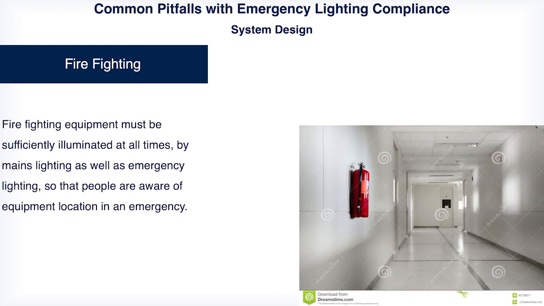If there is firefighting and fire control indicating equipment, that might be the fire alarm control panel or call points within a corridor, then those devices and that equipment need a separate consideration and require 15 lux on the task for the full duration. So that really comes into play when we start thinking about the location and siting of either a bulkhead or a circular product or a recessed product in the corridor. We would highly recommend that the location of that is as close as possible to the firefighting equipment.